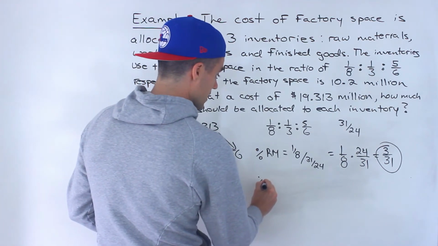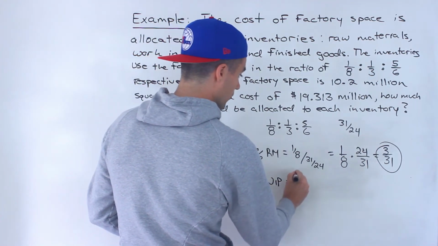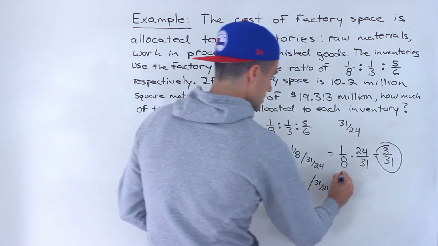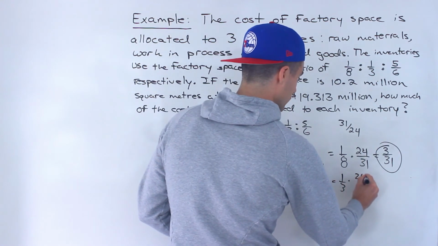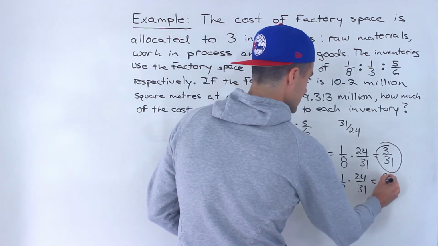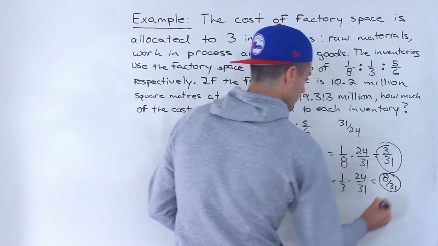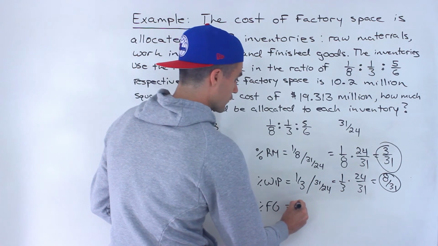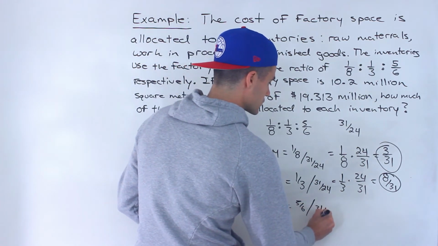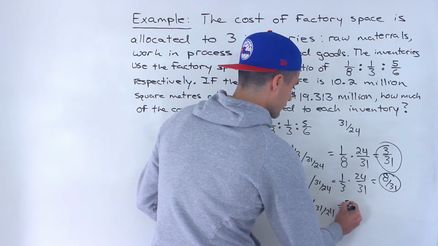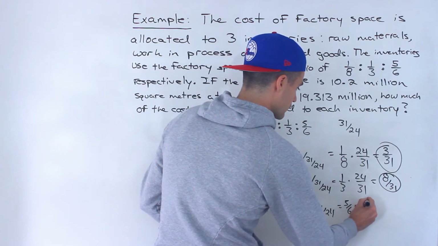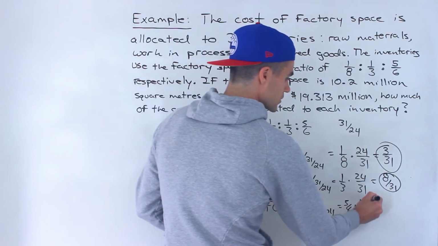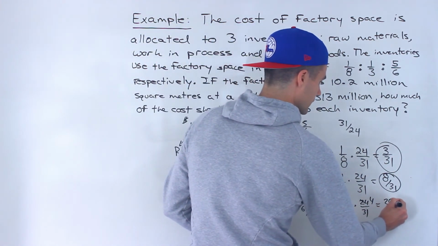For the percentage that work in process is taking up, we take 1 over 3 divided by 31 over 24, which is like 1 over 3 times 24 over 31, which gives us 8 over 31. For finished goods, we take 5 over 6 divided by 31 over 24, which is like 5 over 6 times 24 over 31. 6 goes into 24 4 times, 5 times 4 gives us 20 over 31.